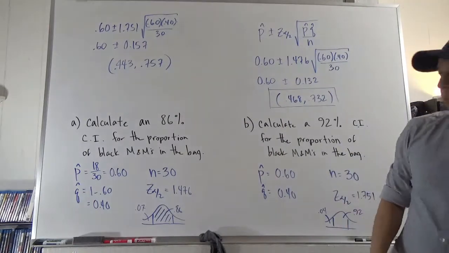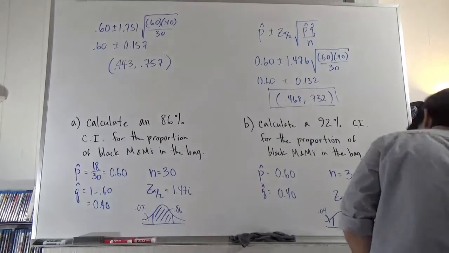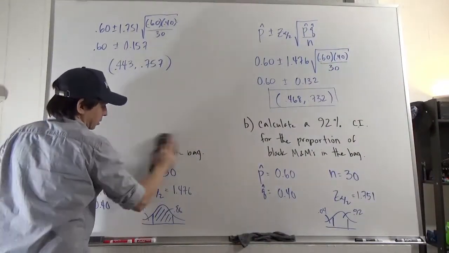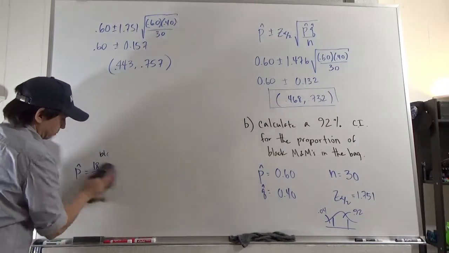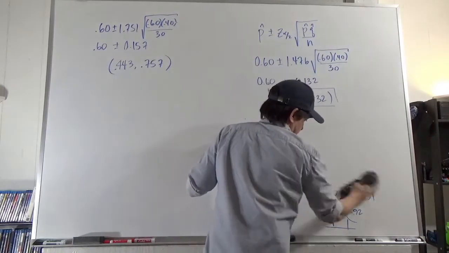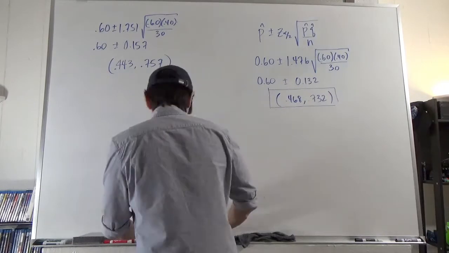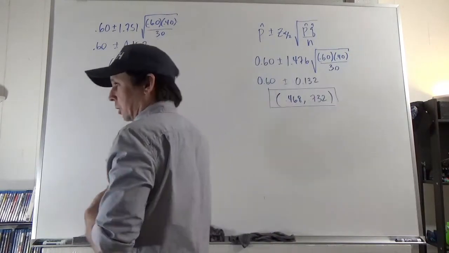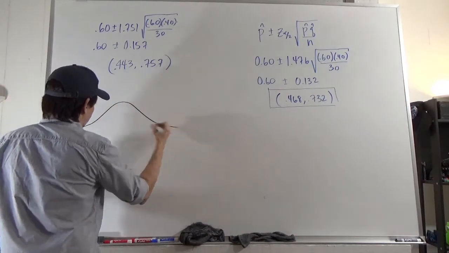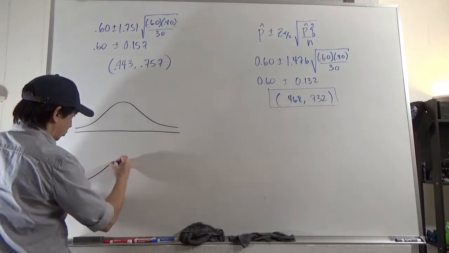Okay, let me summarize this and use some pictures to flesh out what this is doing. Because I do want you to understand. So what I'm going to do is draw two normal curves, sort of aligned.